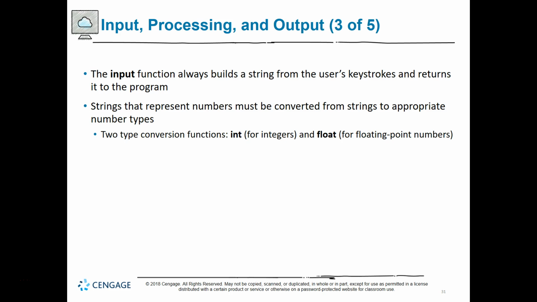We have a string, which is a group of characters, and we can have some kind of a mathematical model or a number type. So if I input something, it's input as a string, always. Well, a string, then we have to convert it if we want to use it as a numeric expression.